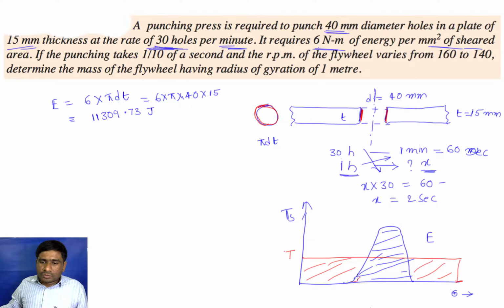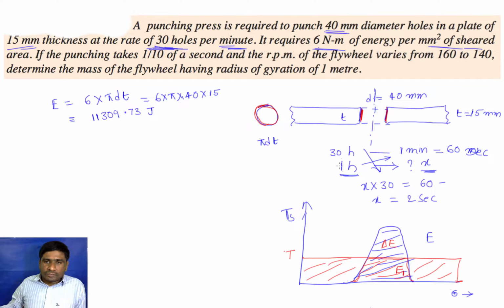During this period, only this much energy is provided by the motor, and let's say this is the E1, and this is the delta E that is provided by the flywheel. So E is E1 plus delta E.